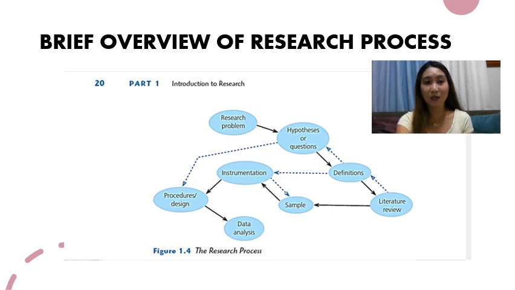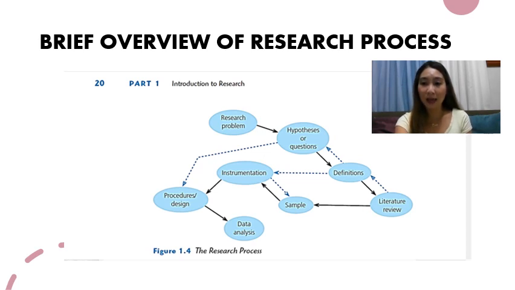Now let's proceed to the brief overview of our research process. All researchers engage in a number of similar activities. As you can see on the screen in figure 1.4, it presents a schematic of the research components. The solid line arrows in the figure indicate the sequence in which the components are usually presented and described in research proposals and reports.